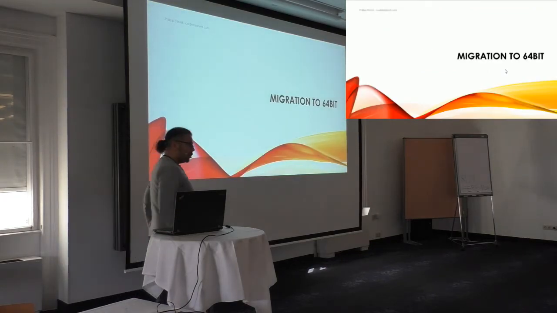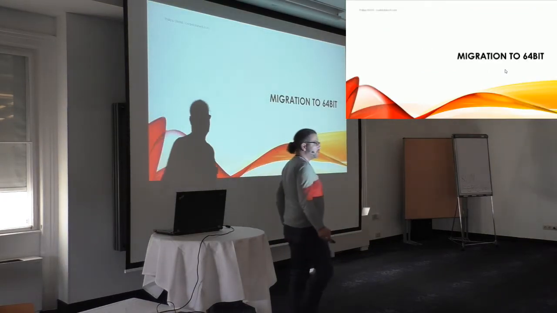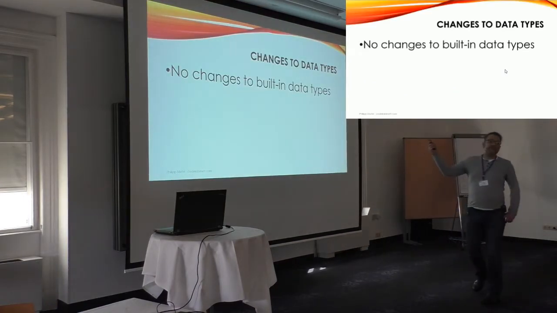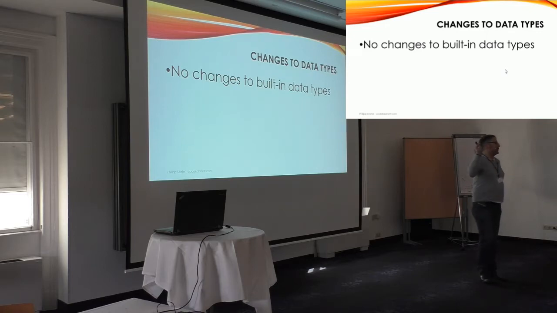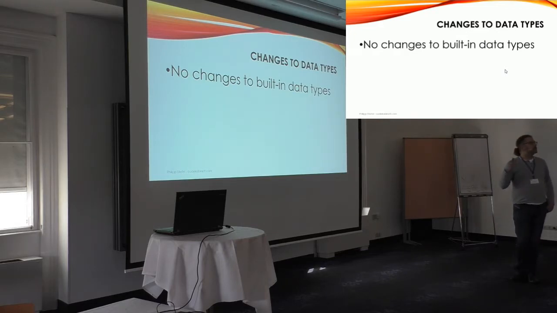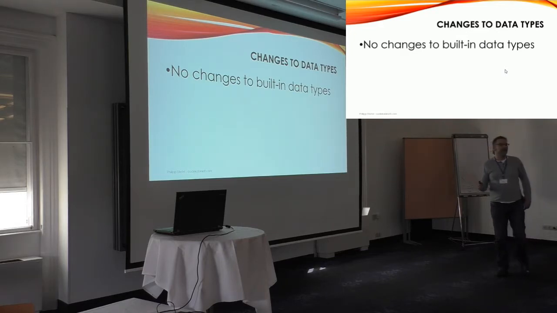Okay, now let's focus on the migration to 64-bit. The first thing I would like to stress is there is no change to the built-in data types when you use 64-bit VBA.